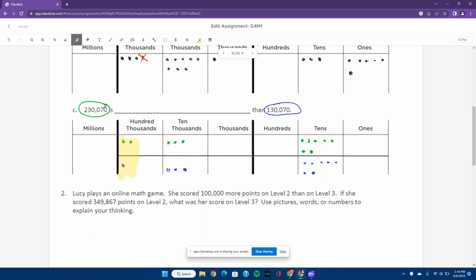In 230,070, there's 200,000, and in 130,070, there's only 100,000. So 230,070 is 100,000 more than this number, because this 2 in the hundred thousands compared to that 1 in the hundred thousands. So to get from this 1 to that 2, we would need to add 100,000 more.